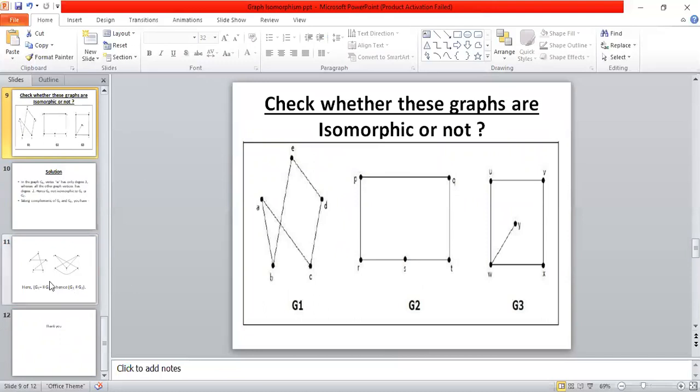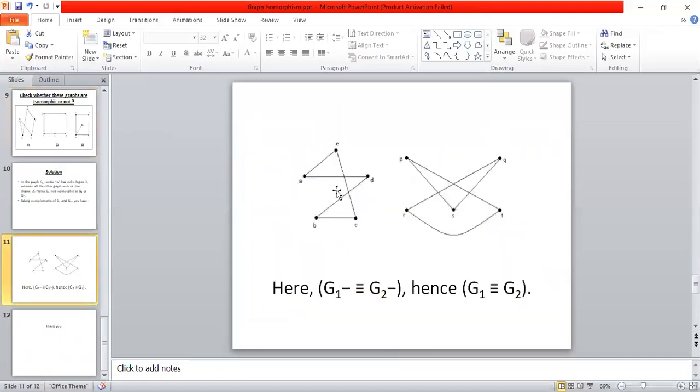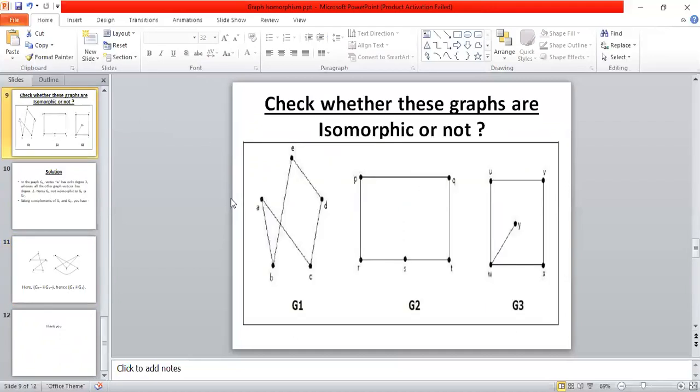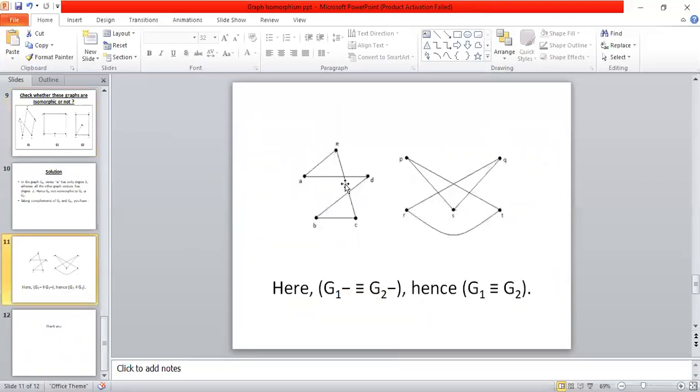There is no edge between A and E, but in the complementary graph you have an edge between A and E. Similarly, you don't have an edge between A and D, but in the complement you have an edge between A and D. You don't have an edge between C and E, but in the complement you'll have an edge between C and E. Similarly, you don't have edges BD and BC, but in the complement you'll have them.